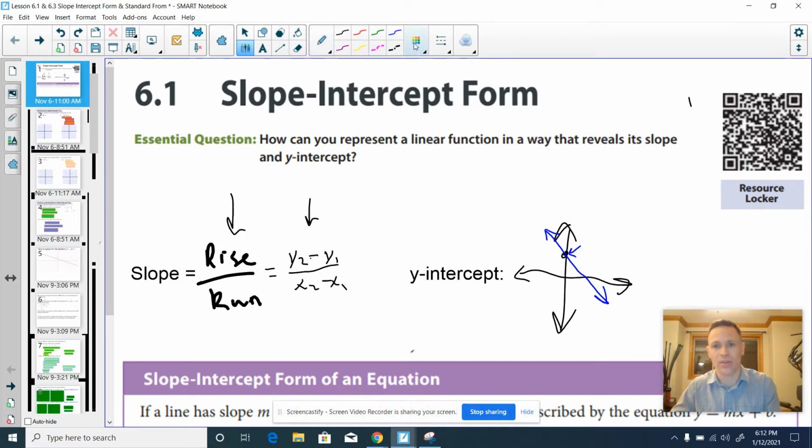It always has the form 0 comma some number. That's because you cannot go left or right, you can only go up or down if you're going to be on the y-axis. We're going to use this to our advantage later in class, the fact that 0 is the x-coordinate of a y-intercept.